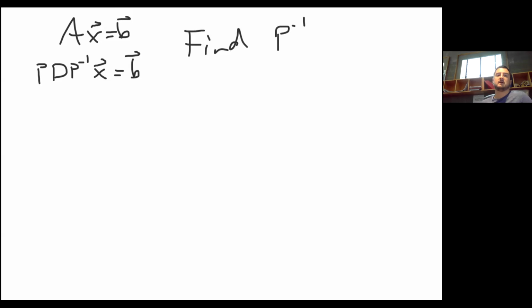So what we're looking for right now is a way that, since I'm building this matrix P, I can build it in a nice way so that the inverse is either very easy to calculate or there's not really any trouble to do that at all. This is where orthogonal matrices, orthogonal vectors, and orthogonal spaces come into play.